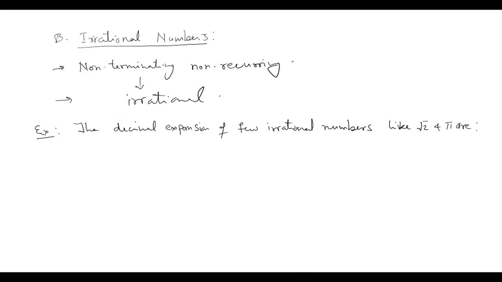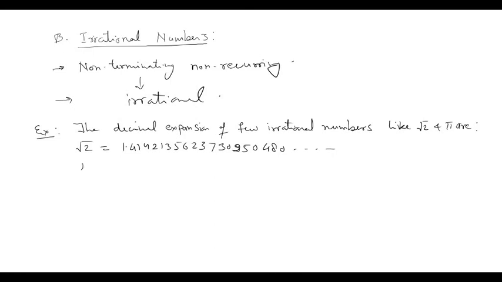So the square root of 2, the decimal expansion will be 1.41421356237048 and so on. So here we can see none of the digits is repeating.